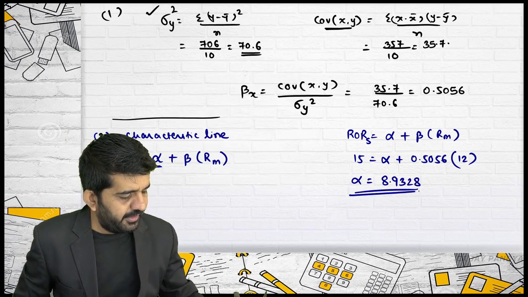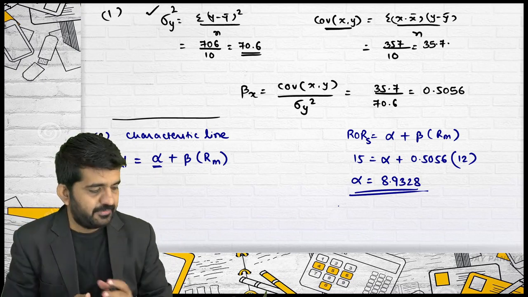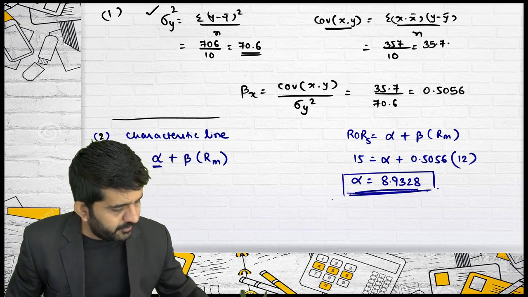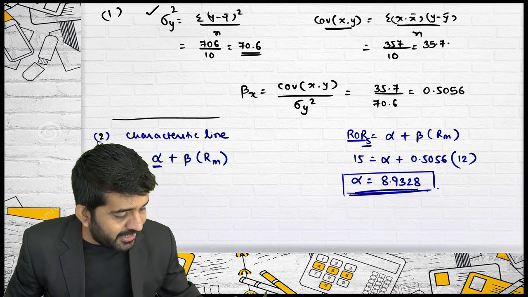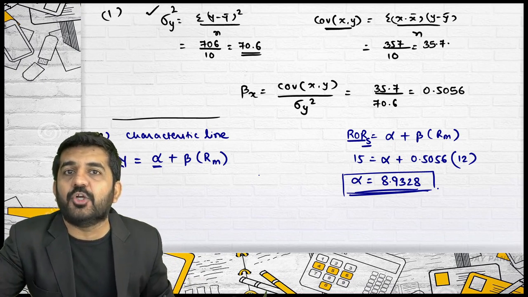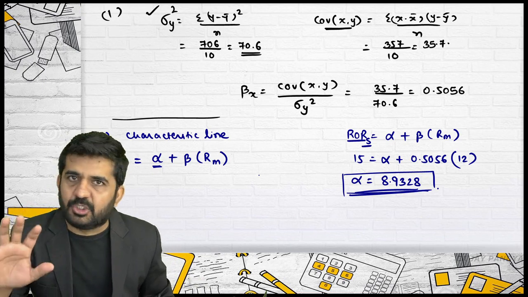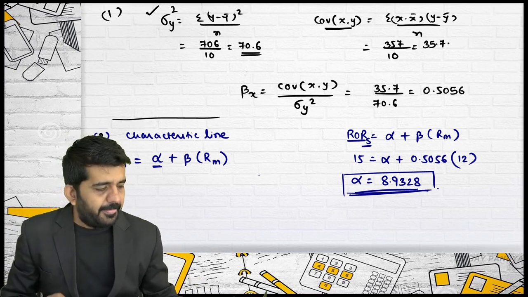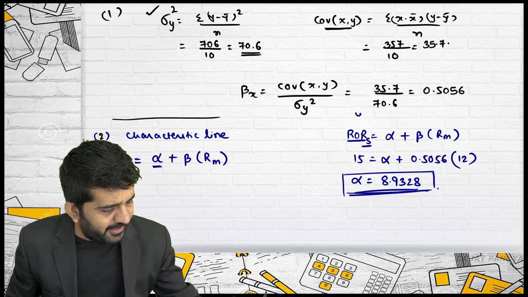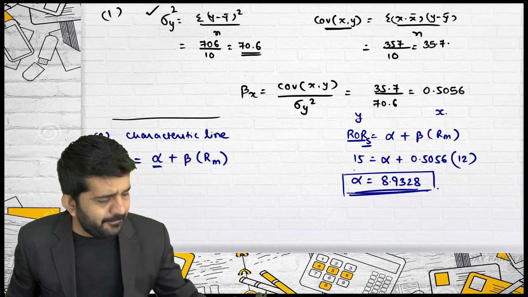8.9328. Now see, the question which should come to your mind is this. Sir, this is not the actual rate of return. This is the expected rate of return. That's correct. Agreed. I totally agree. But this is a line where Y is the expected rate of return and X is nothing but RM.